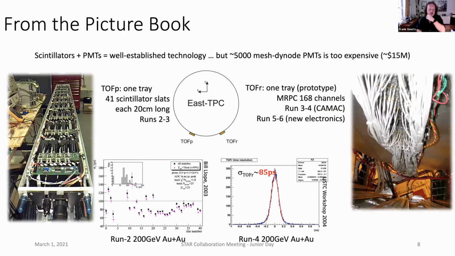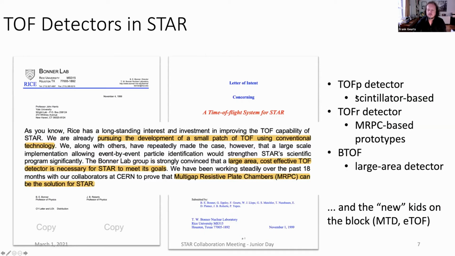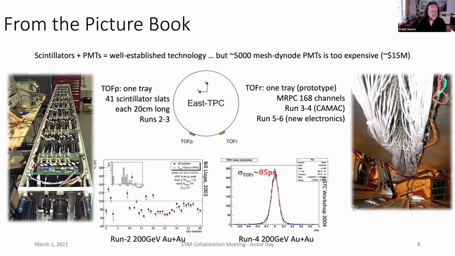All right, so I went into the picture book because, as I mentioned, there was a TOF-P detector, which was a scintillator-based proof of principle, and then several prototypes. I couldn't help but look up these pictures because when I was a junior, I was actually working on these detectors that were basically single tray detectors.